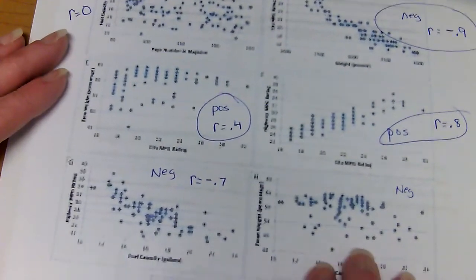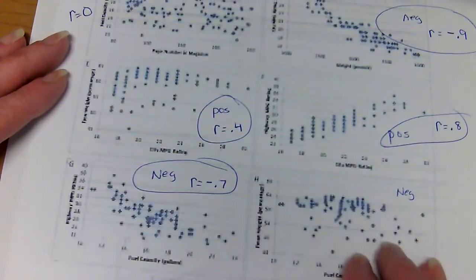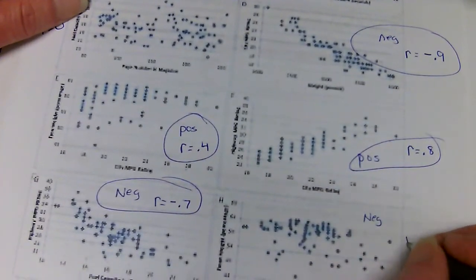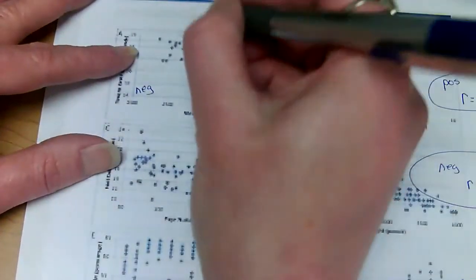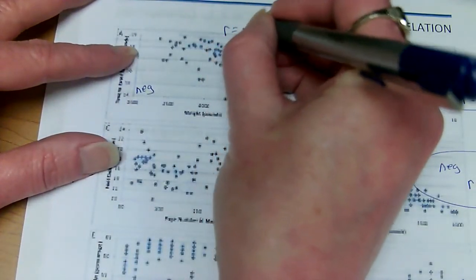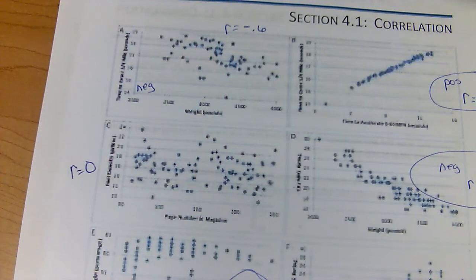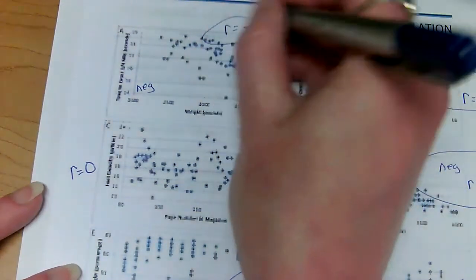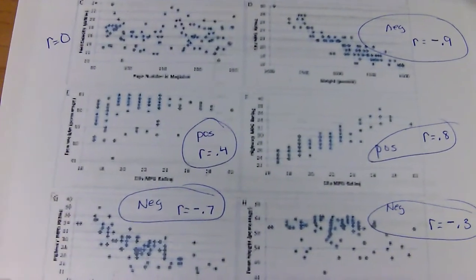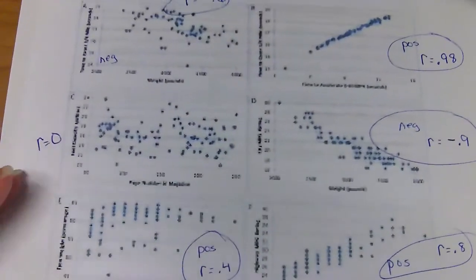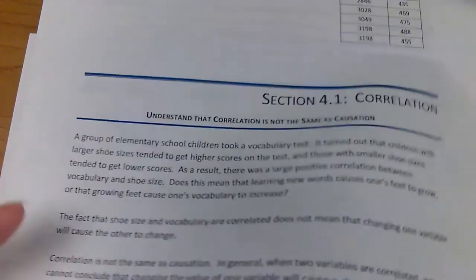Now I've got two more negatives to estimate. We have here and here. This one seems kind of weak. Maybe it's a negative 0.3. This one's kind of weak too. I'm going to guess this one's like a negative 0.6. So you can see that we can estimate their strength with those numbers. 0.9 is pretty strong. 0.98 is really strong. 0.99 would be super strong.